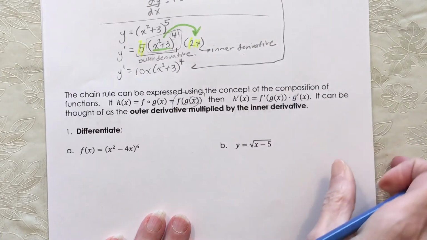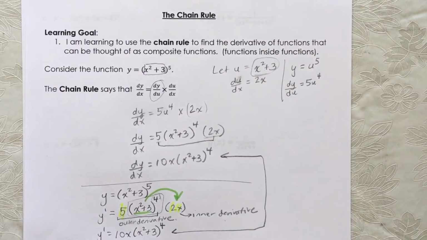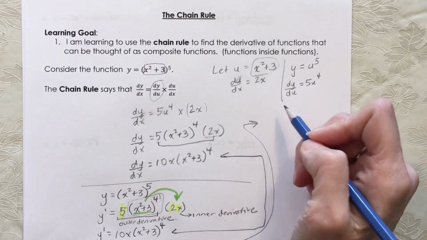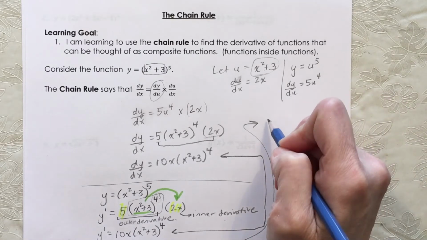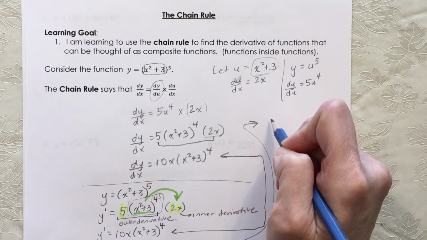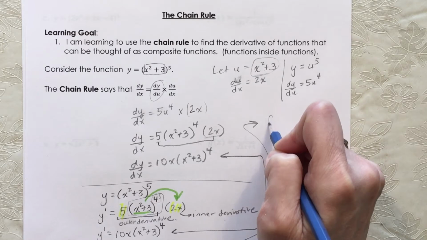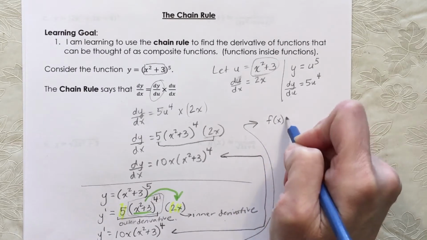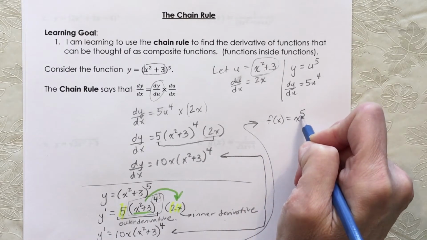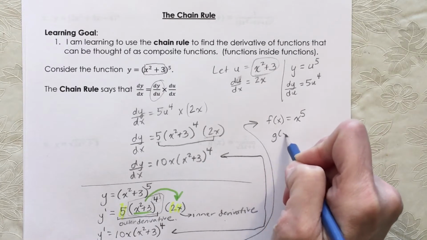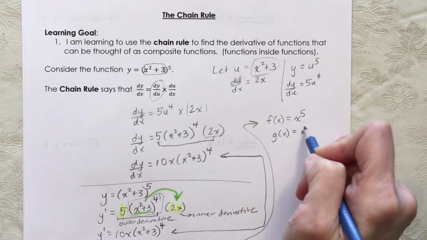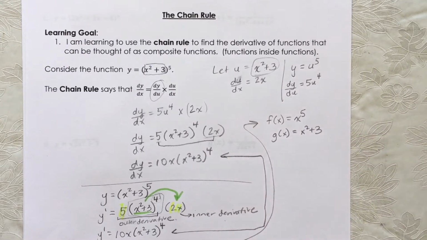So in our case, if we go back to the example up here, we would say that f at x was x to the fifth, and g at x is x squared plus 3.